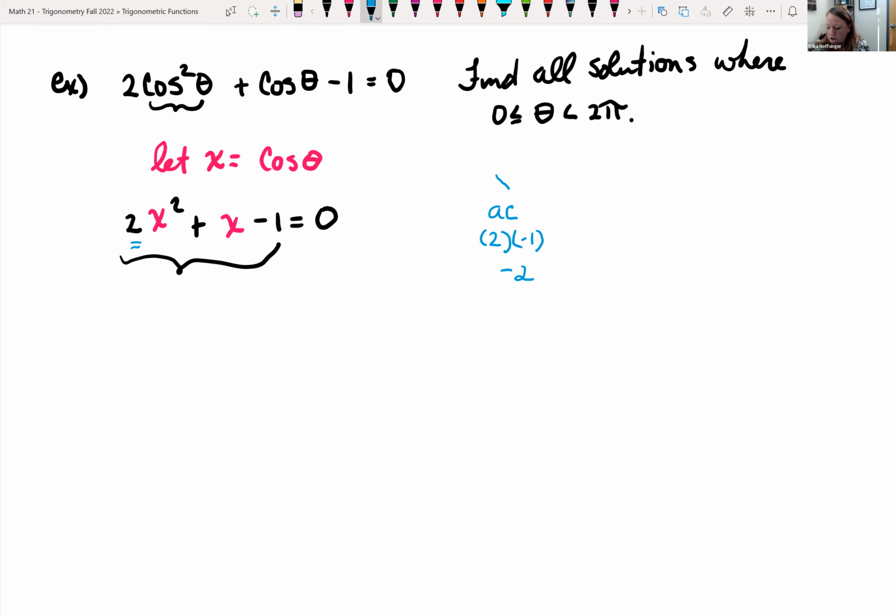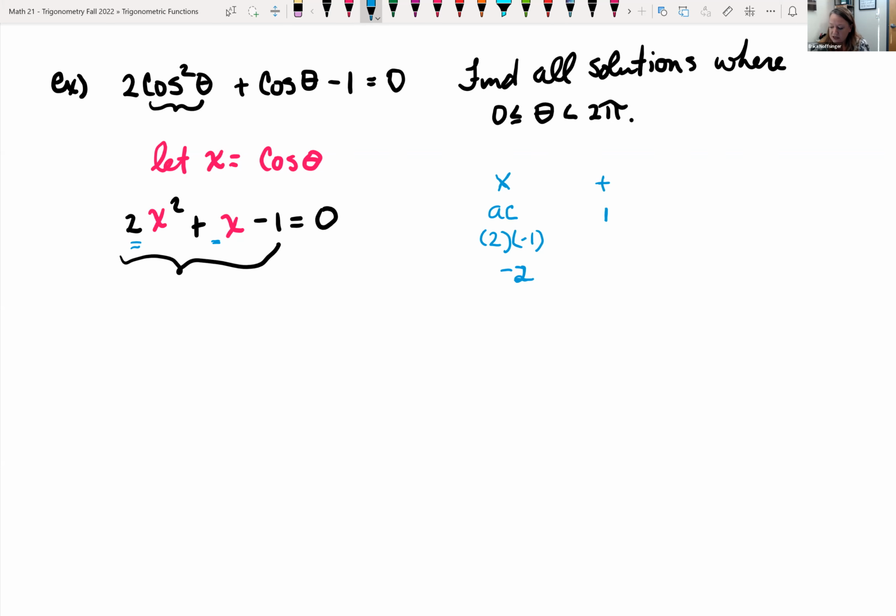So we're looking for 2 values that multiply to give us negative 2, but add to give me that middle coefficient in front of x, which is 1. So multiplying giving me a negative, but adding giving me a positive, I know I need a positive and a negative number.